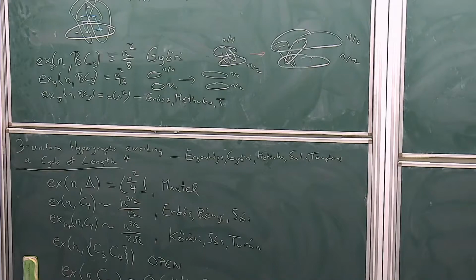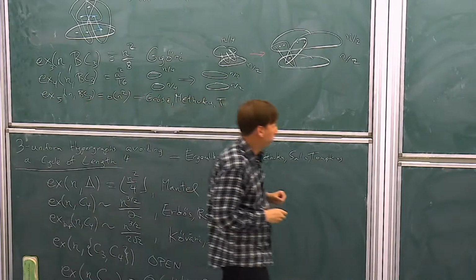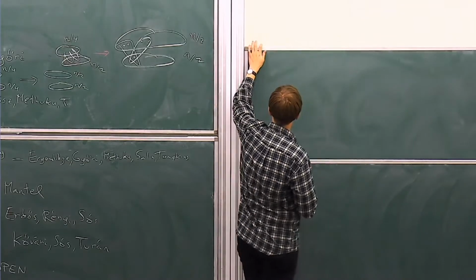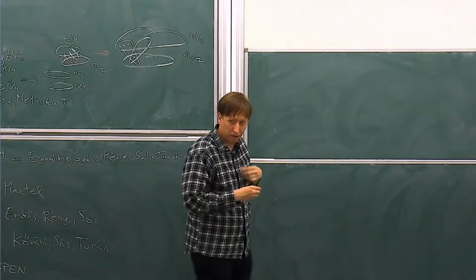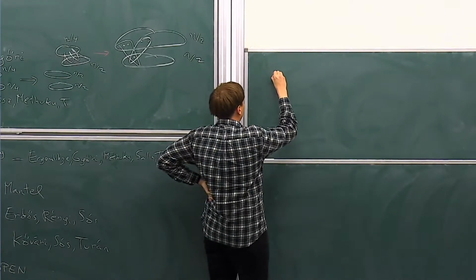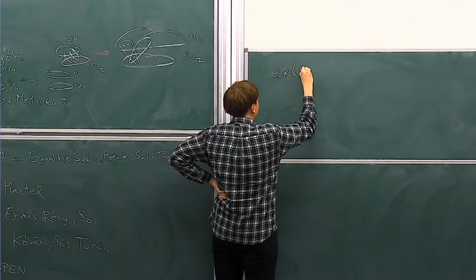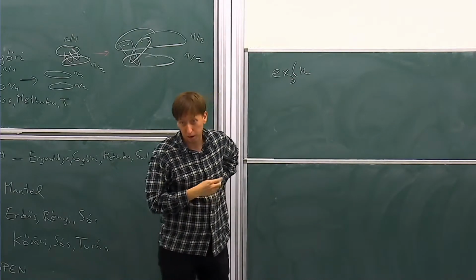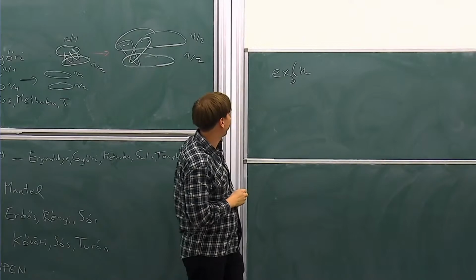Okay, so that's about triangles. Let me mention what happens with higher cycles. A sort of analog of the Bondy-Simonovits theorem is true for Berge cycles. So EX, and I say the 3 uniform case. Actually, this is true for the r uniform case, but mostly I'll be interested in the 3 uniform case here.